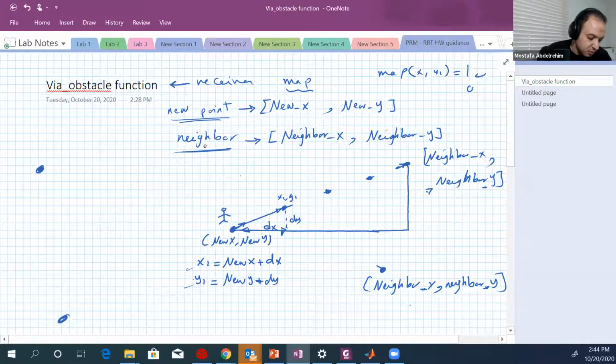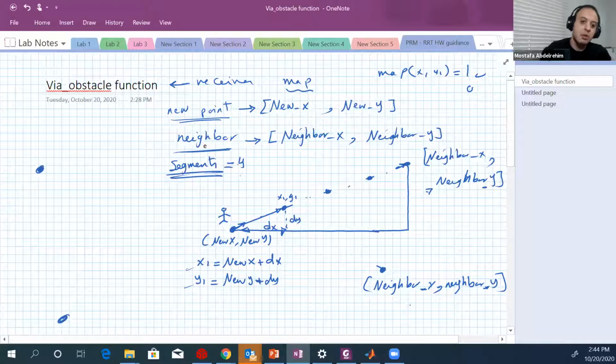So we know the number of segments. Okay, for example, here the number of segments is 5... 1, 2, 3, I'm sorry, 4. 1, 2, 3, 4. So the number of segments is 4 in here. Okay.